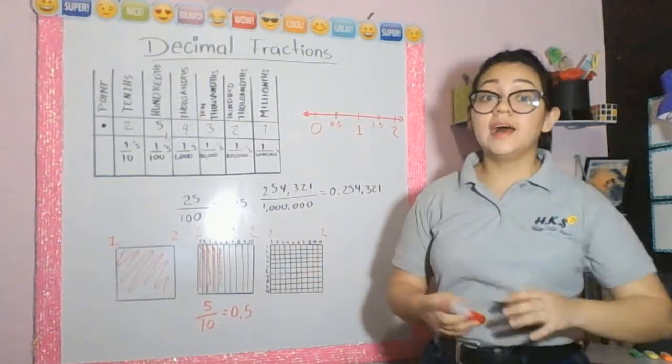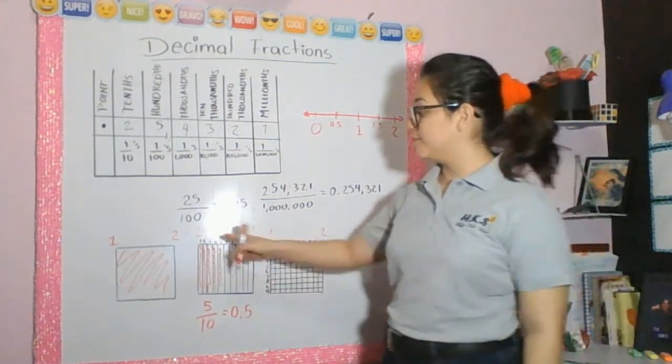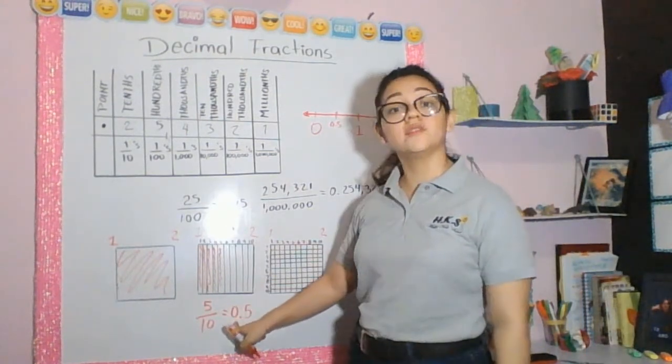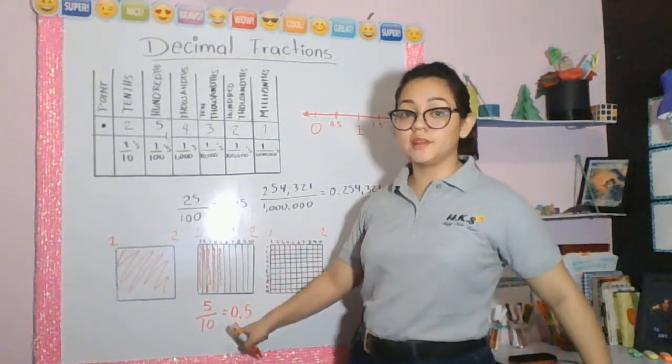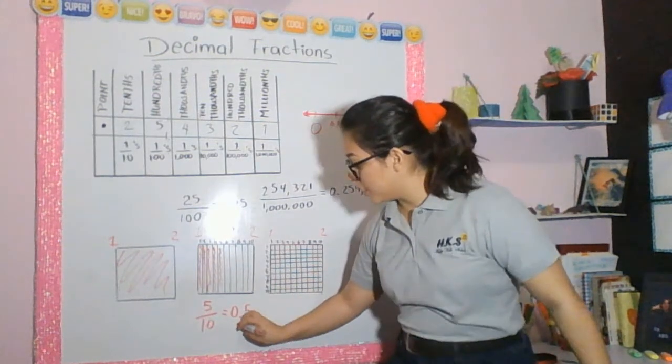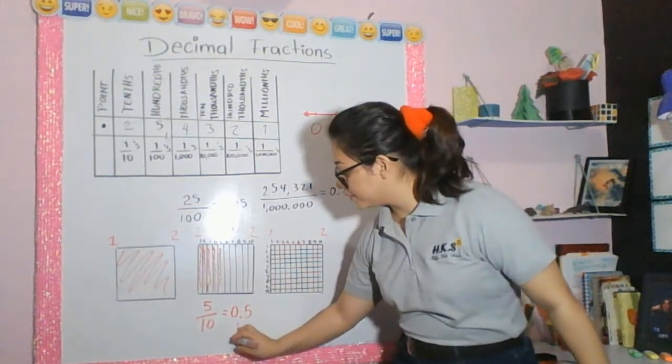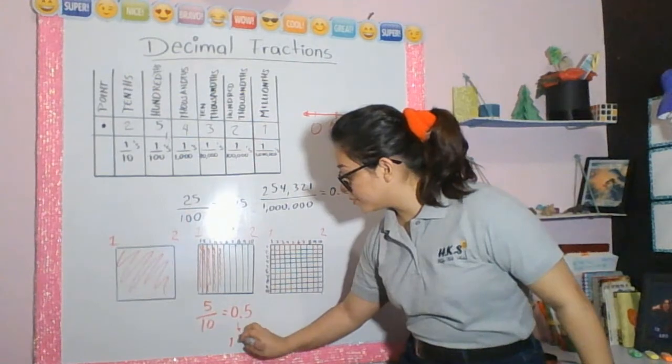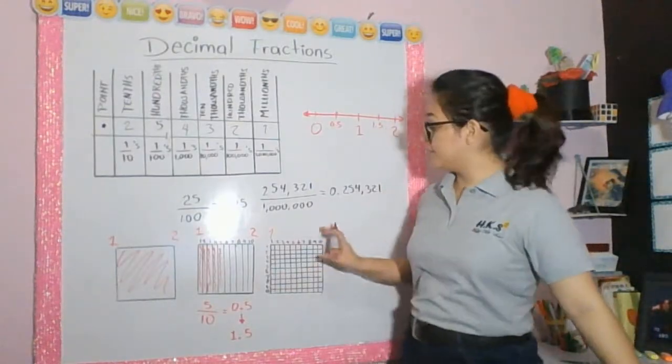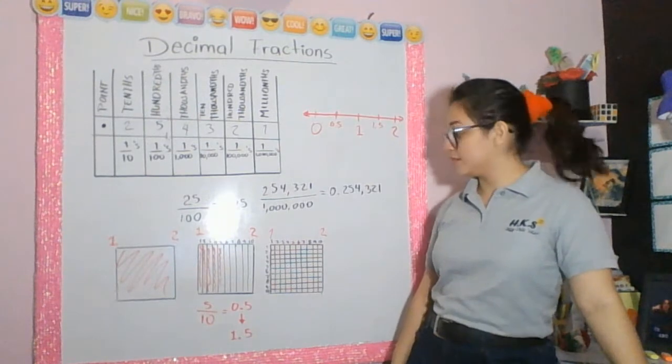What do you think I should do? Of course, I have to place my 1 instead of the 0 because I didn't start at 0. So I'm going to add the number 1.